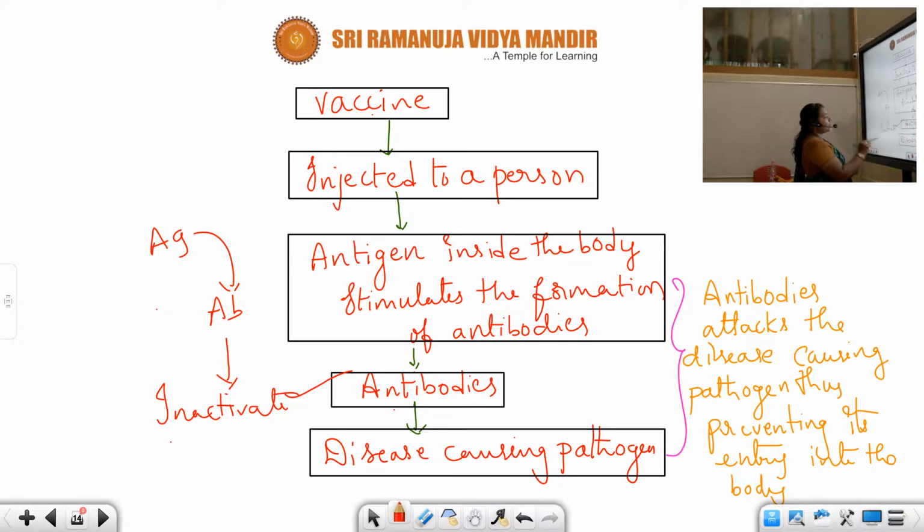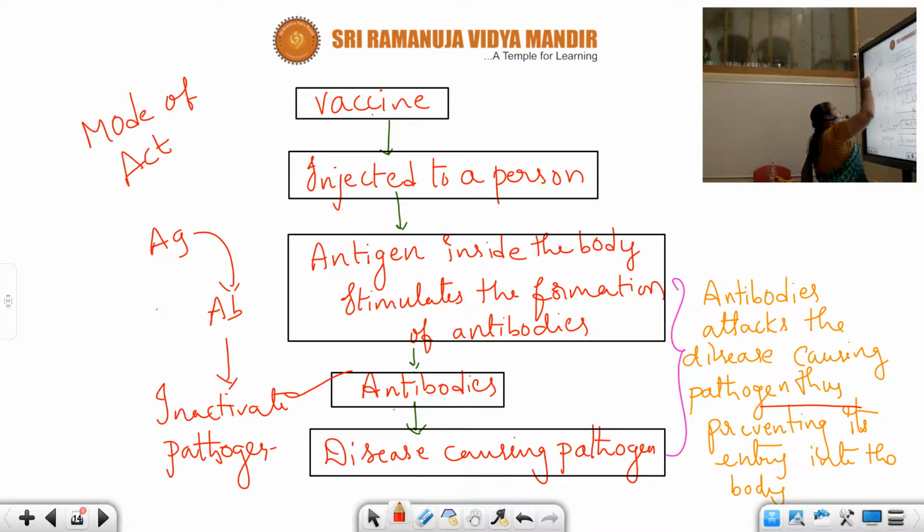Inactivate the pathogen. Understand? So antibodies attack the disease-causing pathogen, thus preventing its entry into the body. This is the mode of action of vaccines in our body.